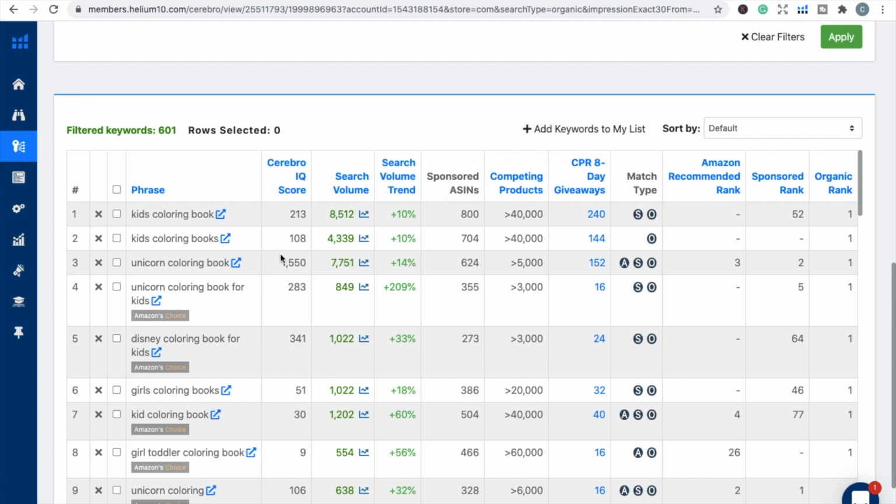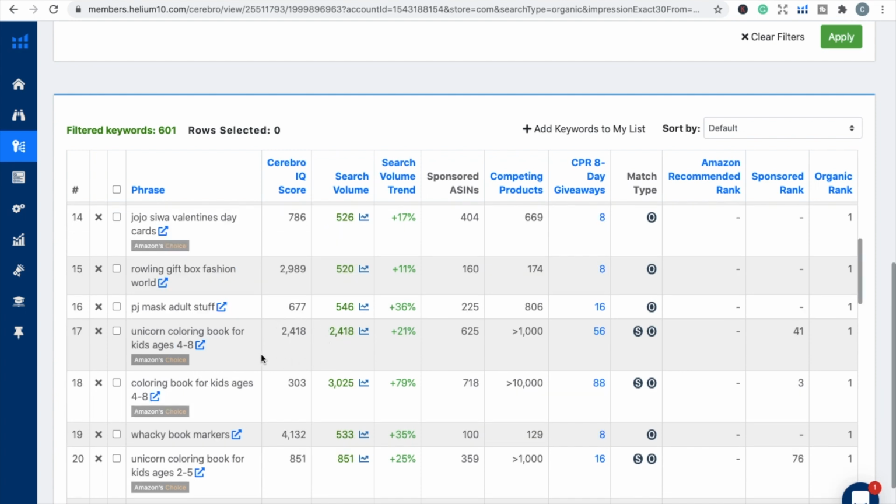The higher the score, the better. So the higher the score means higher search volume, fewer competitors. So this particular keyword here has a high IQ score, unicorn coloring book for kids age 4 to 8. It has over 2,400 searches per month and less than 1,000 competing products. So that's how you can use this information to decide whether a keyword is right for you.